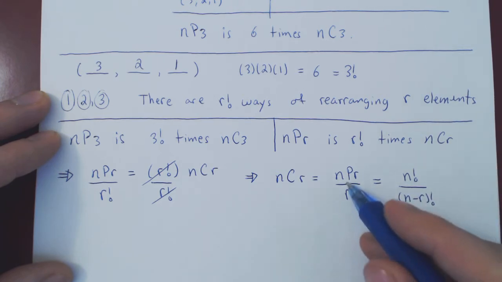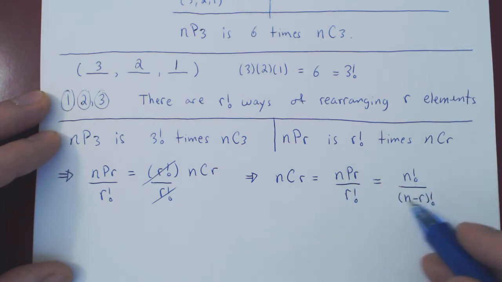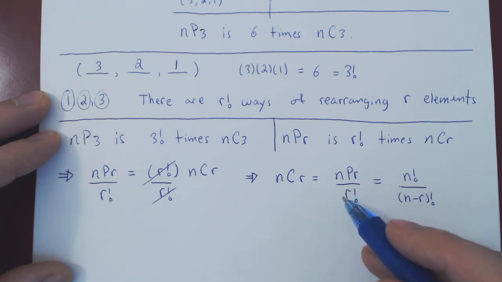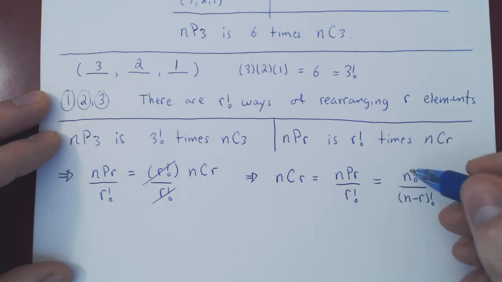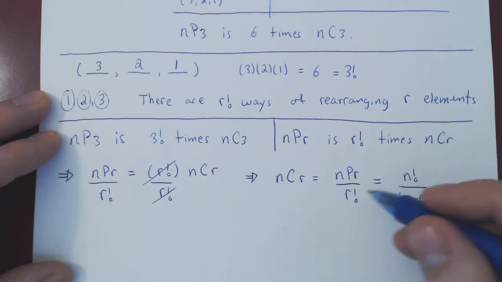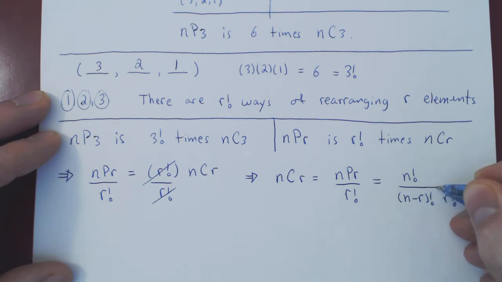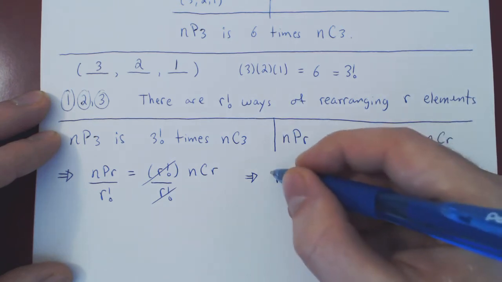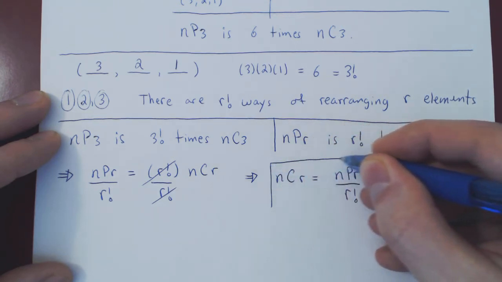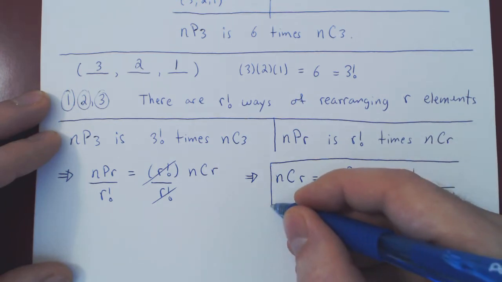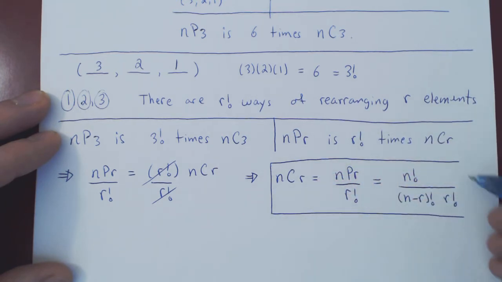And if you divide NPR, which is this number, by r factorial, if you divide a fraction by an integer, you simply squeeze it in its denominator. And so this is now NCR as a function of NPR or as a function of the factorial only. So there you go.